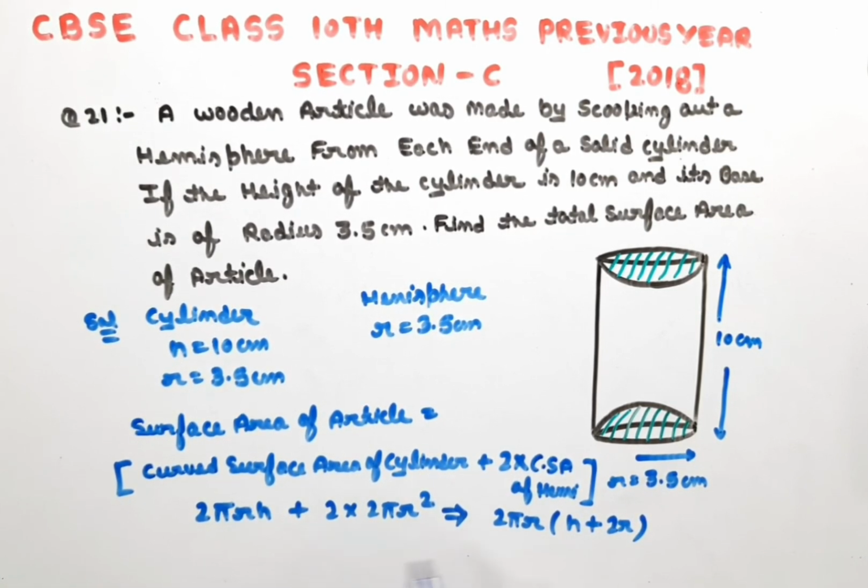Now putting value here, 2 into pi, 22 by 7, into r, that is 3.5, in bracket h, that is 10, plus 2 into r, so 2 into 3.5.